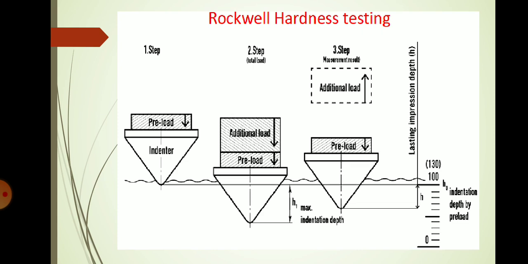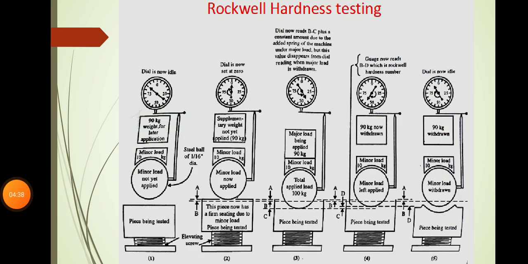So we can use such a cone shaped diamond indenter, which is very costly, or we can use this kind of ball indenter similar to the Brinell hardness testing method. Last week we saw the Brinell hardness testing method, where we used a ball indenter of dimensions from 1 mm to 10 mm. Similarly here also ball indenters of that kind of diameter can be used.